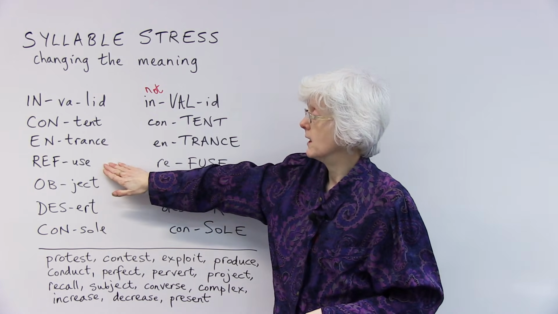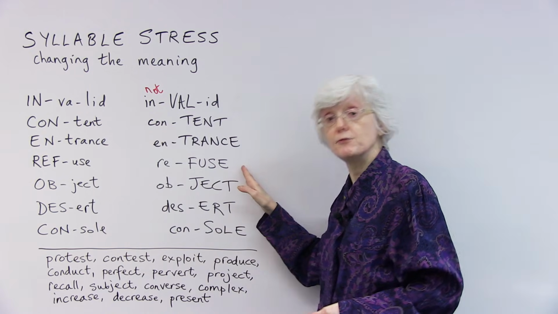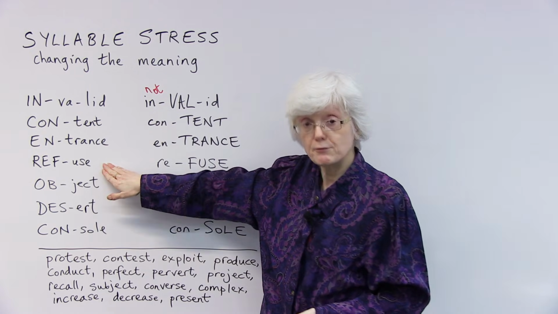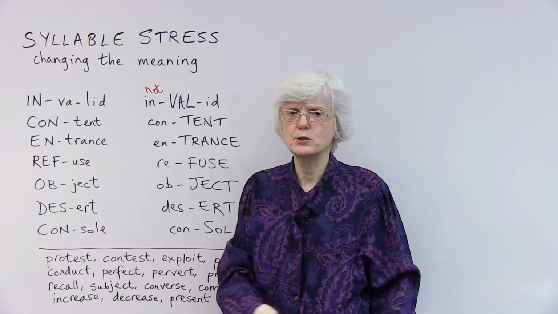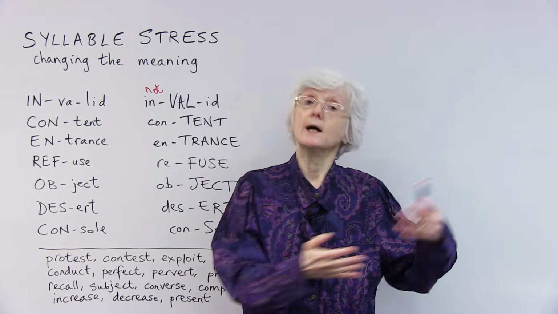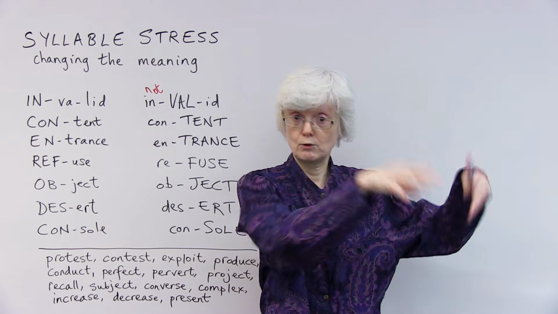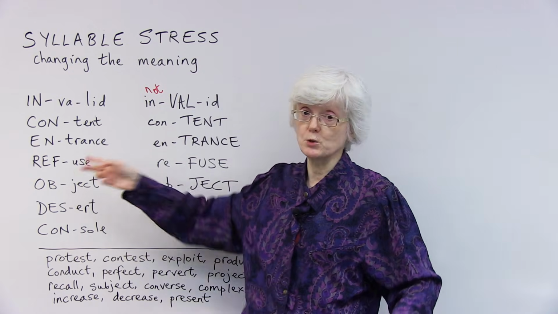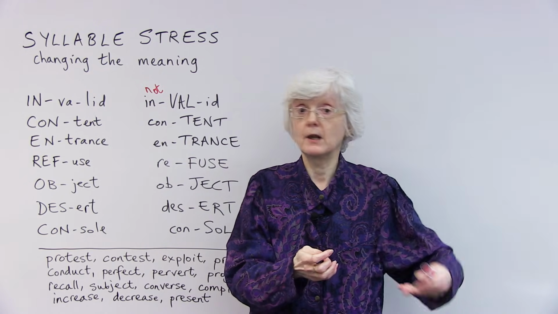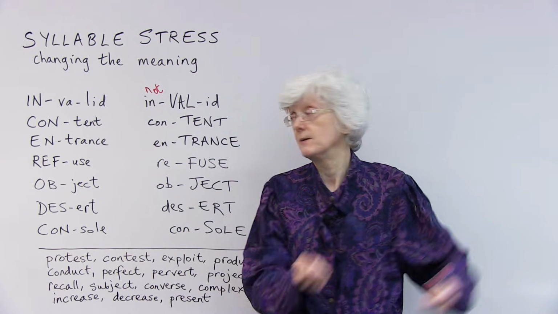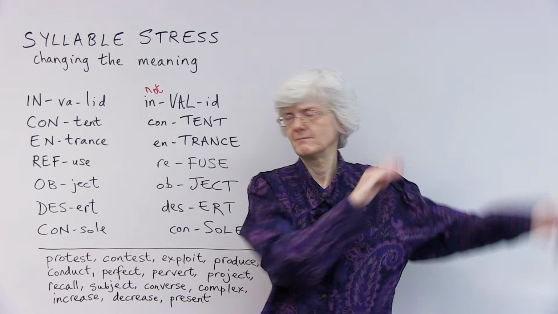Okay, next one. Refuse and refuse. The refuse is the rubbish. If you throw your refuse out once a week and into a dustbin or rubbish bin or refuse bin, and the local council, the local authority come and collect it, and it goes to a place.